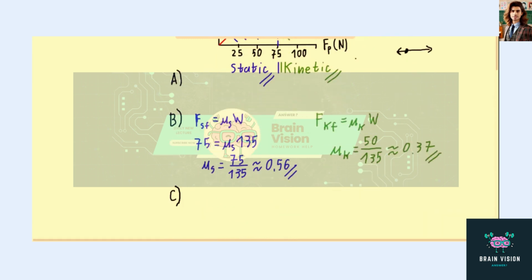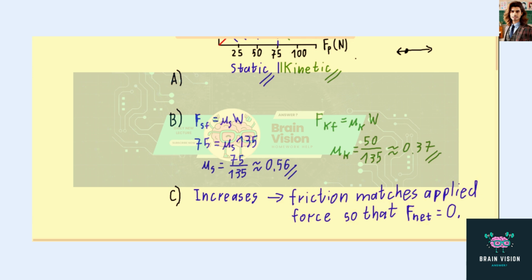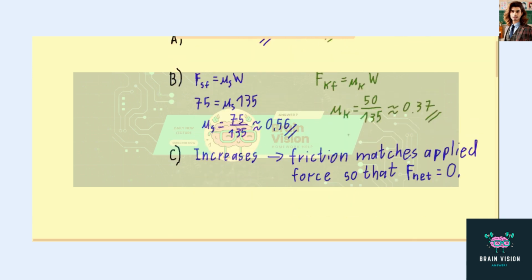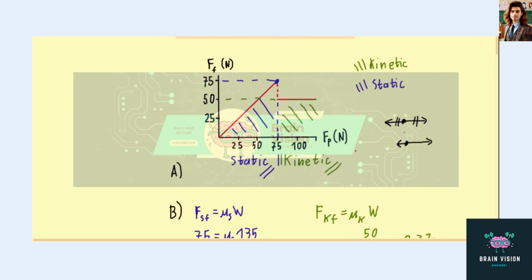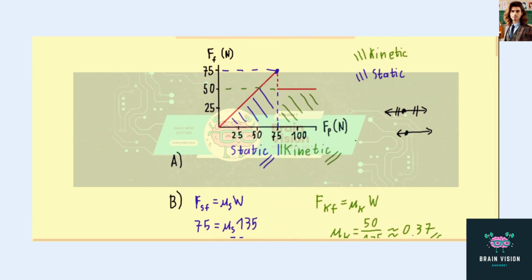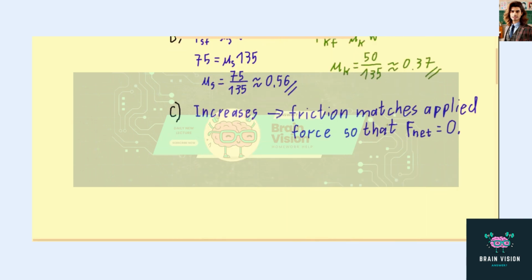Well, it increases because static friction matches the force we apply. And the consequence of that is that there is no net force because, as we just said, the forces keep canceling out. So the region where we have the slope, we have static friction.